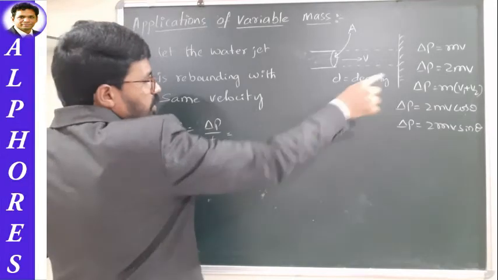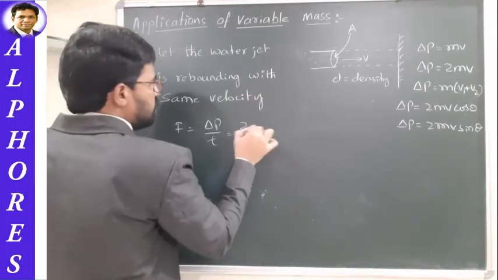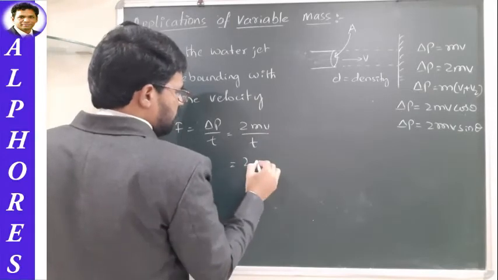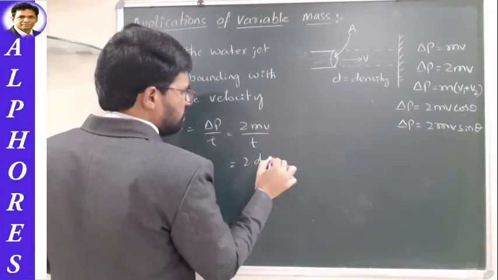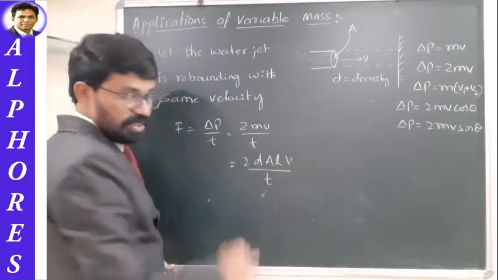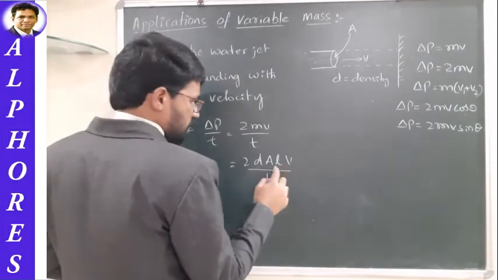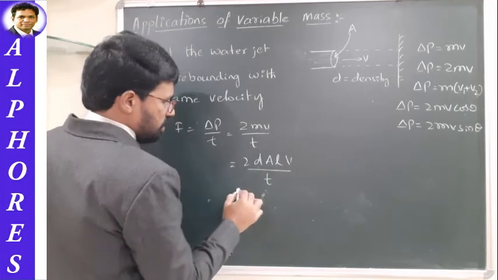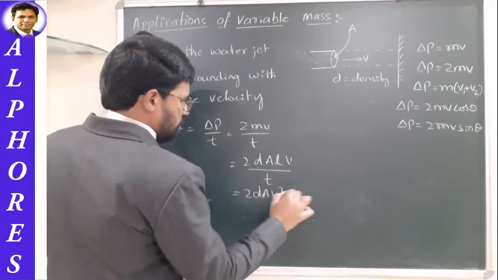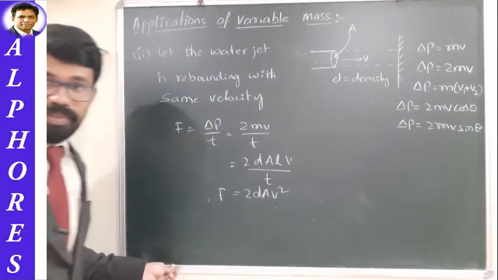Change in momentum in case of rebounding with the same velocity is 2mv by t. Mass can be written as density into volume. Volume can be written as area into length, into v by t. L by t is velocity, so velocity into velocity, v square. So 2 into density into area into v square is the force acting on the wall.